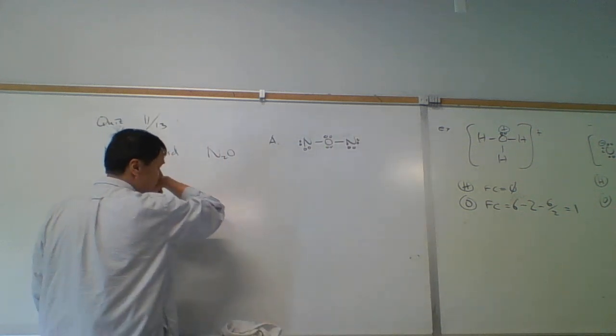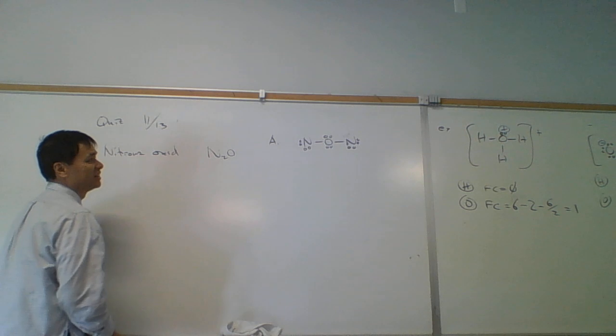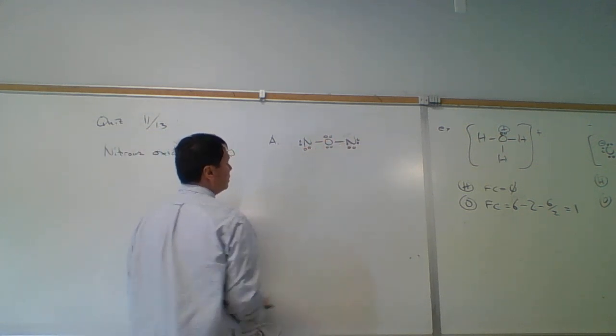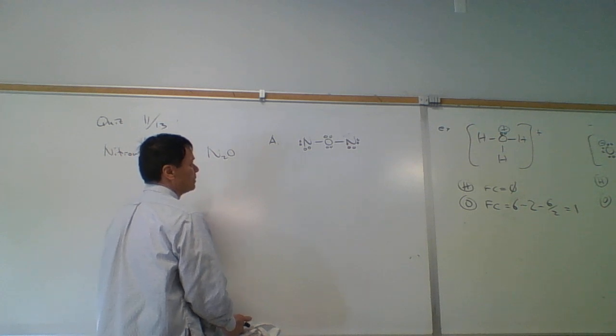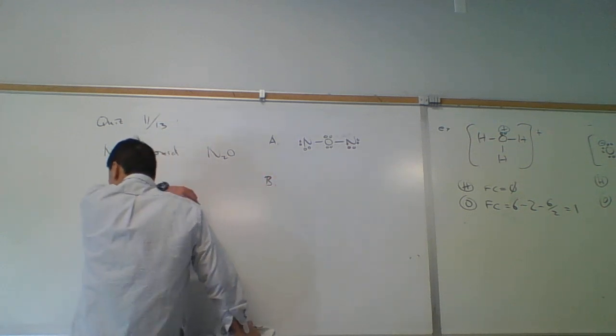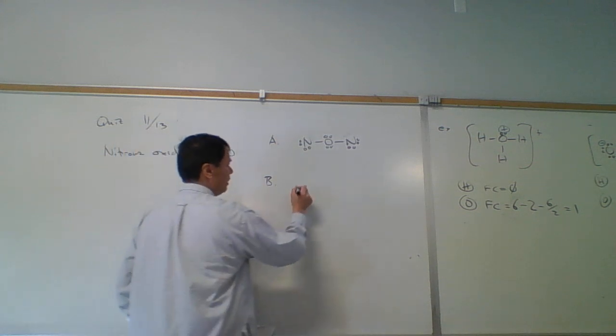Two nitrogens is 10 electrons plus 6 is 16 electrons. So 2, 4, 6, 8, 10, 12, 14, 16 electrons. So this is one possible structure. B will do this.